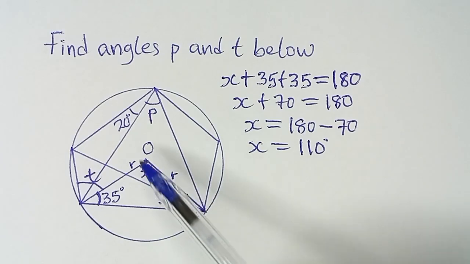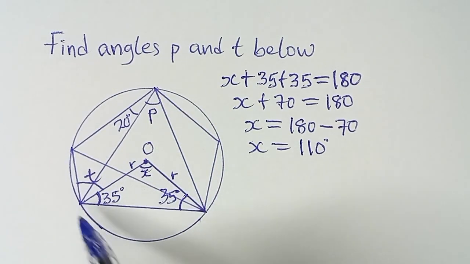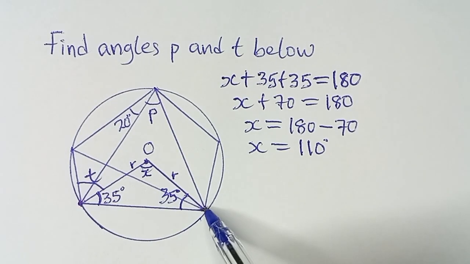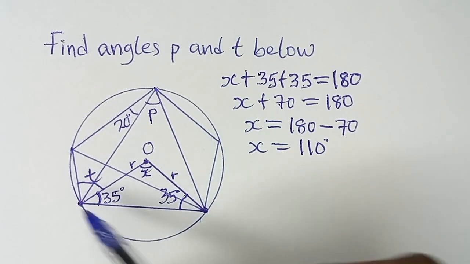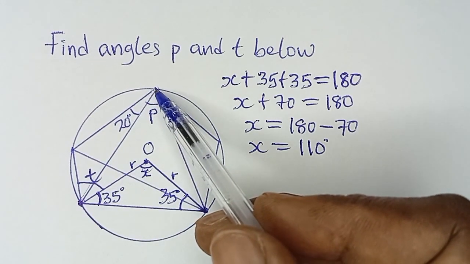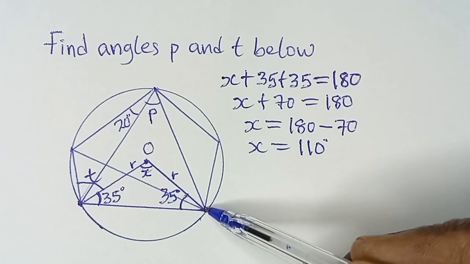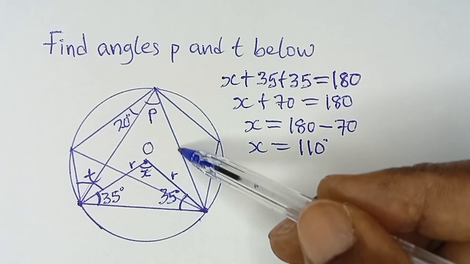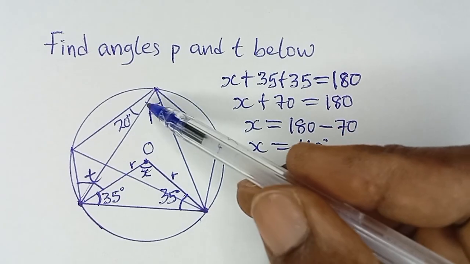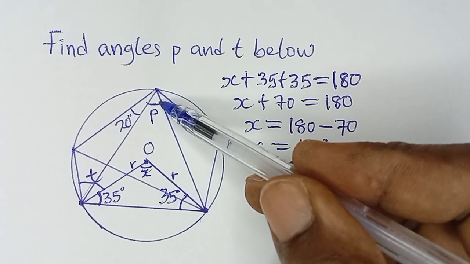Now look at this larger triangle that goes to the circumference here. With respect to these points, I'm using this point and also this point. This line from here moves to the circumference of the circle, and from this same point, this line moves up to the circumference of the circle, and the two lines form this angle P that I have here at the circumference of the circle.